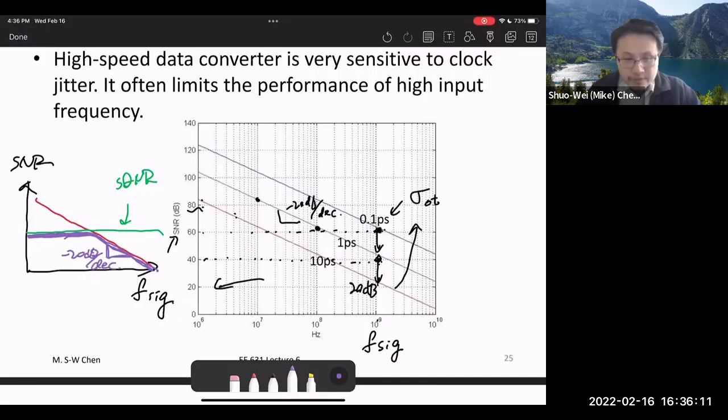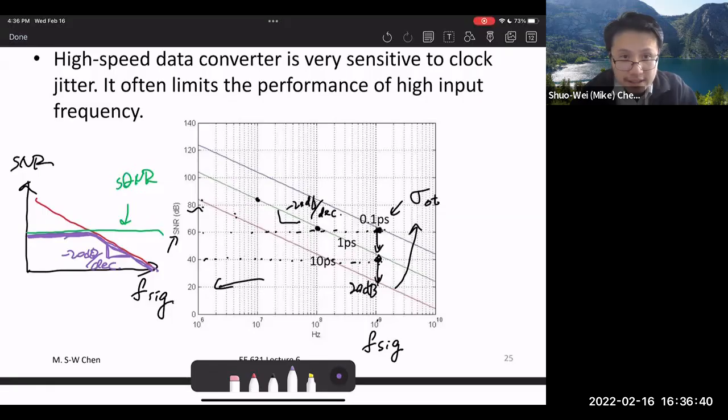So as it turns out, in the ADC design, only clock jitter will contribute to this 20 dB per decade drop. Very surprisingly, because there are tons of error mechanisms, but it turns out there's only one mechanism that would dominate this 20 dB per decade drop in the signal to noise ratio.